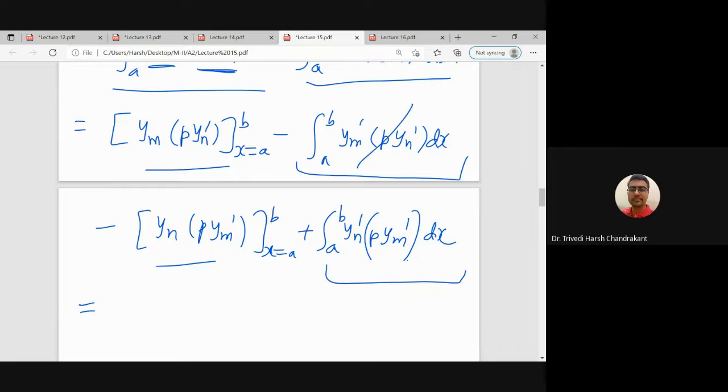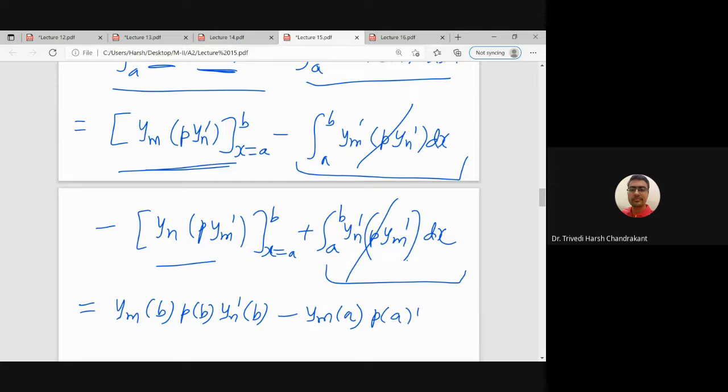Alright, so these two will cancel out, same term with opposite sign. And the other term, if you substitute x equals b, we get ym function at b, p function evaluated at b, yn dash at b, minus the term evaluated at a. We get ym a, p evaluated at a, yn dash at a.